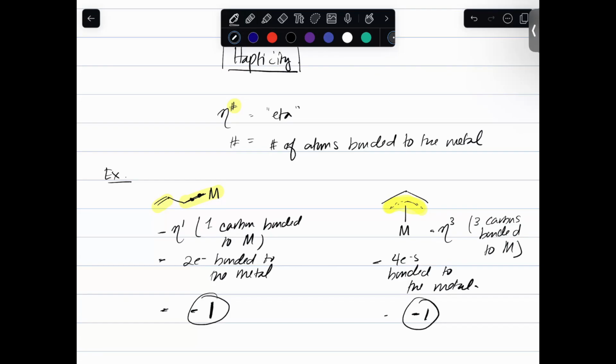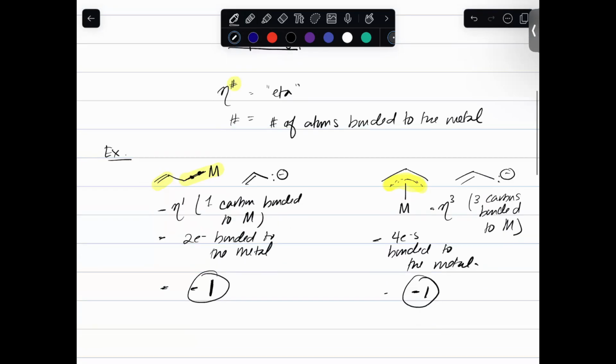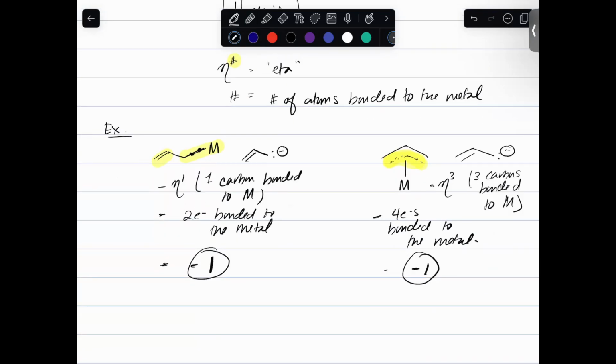The electrons belong to the ligand, and regardless of that, it's still a -1, okay? This -1 is for the ligand. So you have to be really careful and take a look at the eta number.